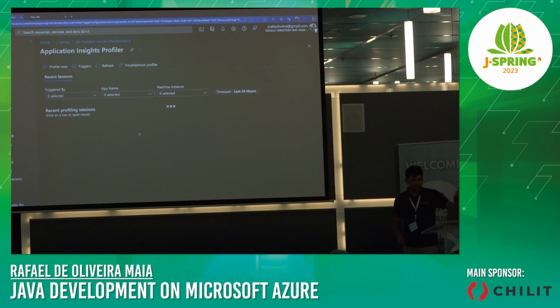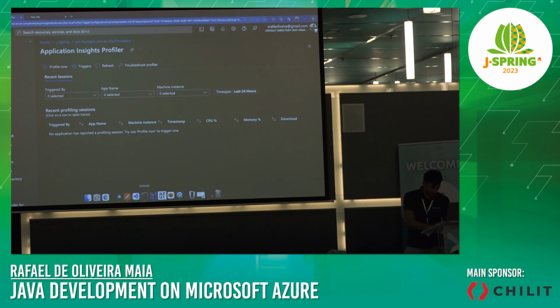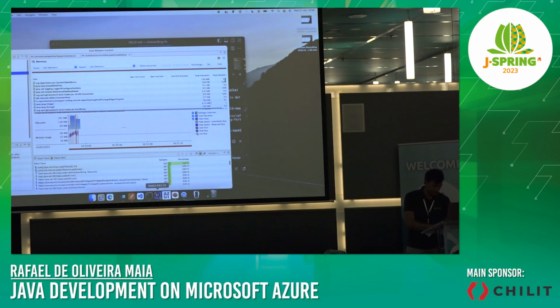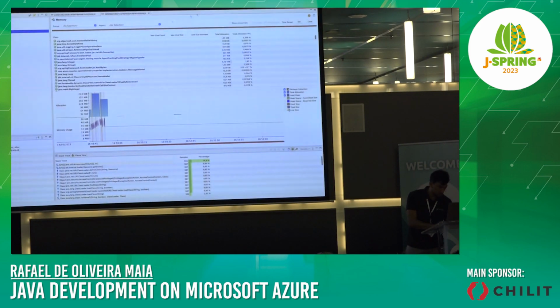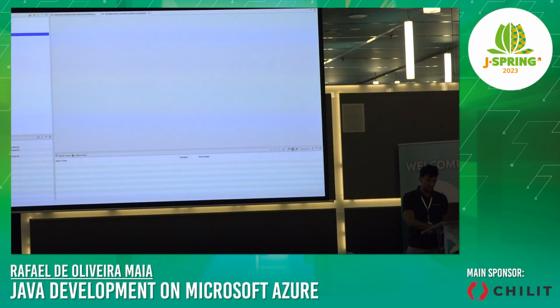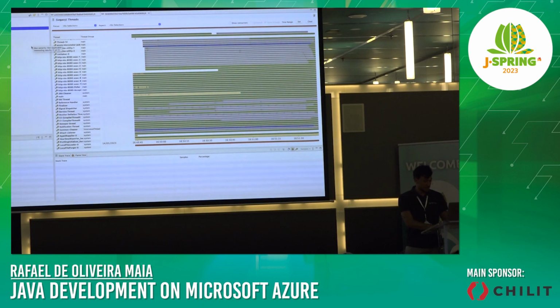I will not do that here because it's going to take a while, but it will analyze your JVM and create the Java Flight Recorder file, so you can easily check and analyze your JVM. I will not go into details, but it allows you to do this kind of thing if you have very serious memory issues, for instance.